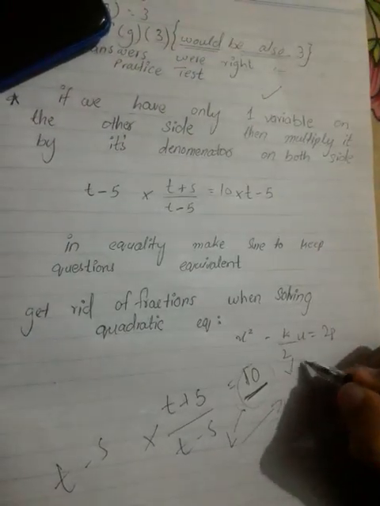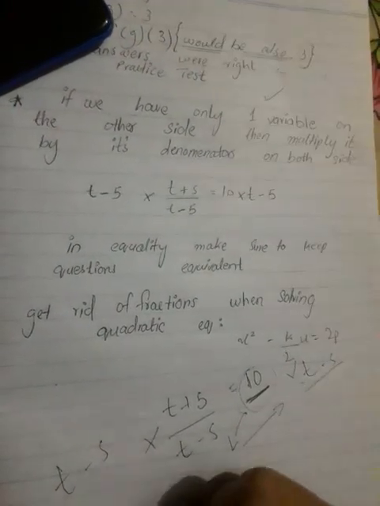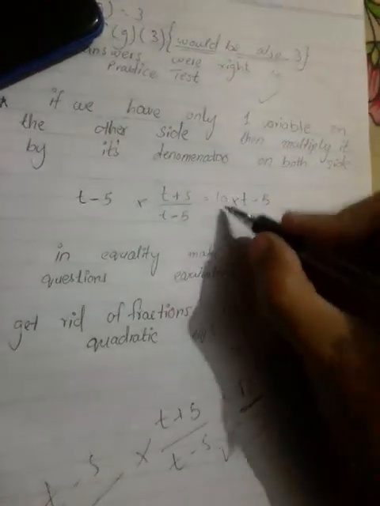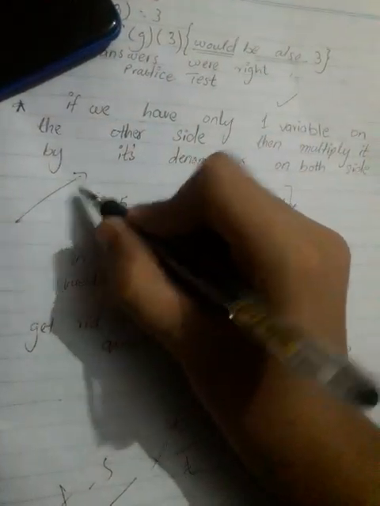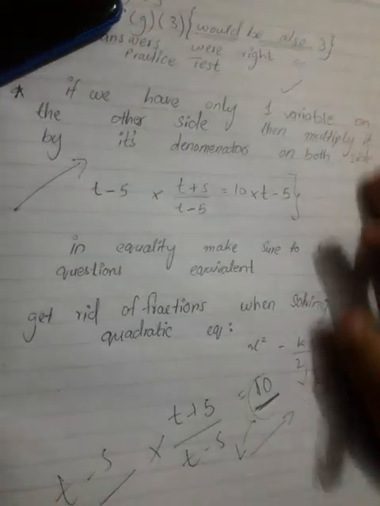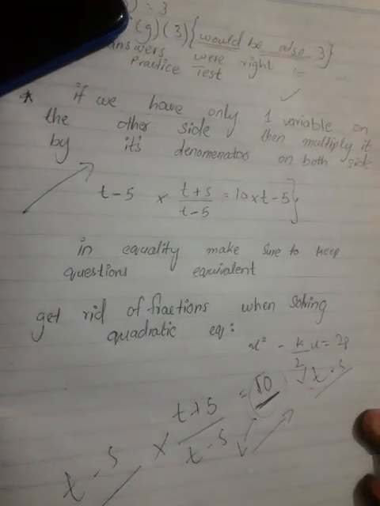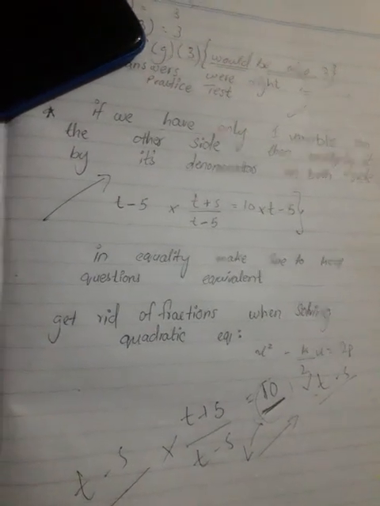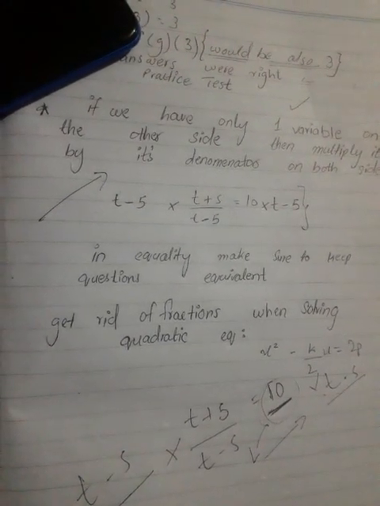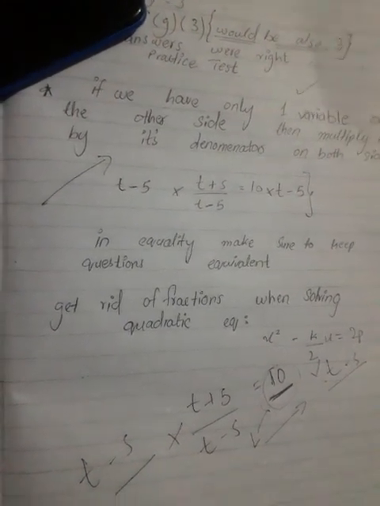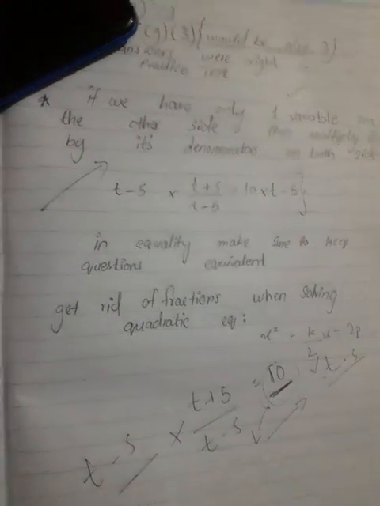Now let's multiply it on each side. That is how you will find your answer, as I've mentioned right here, and that is how the tip works. This is known as conjugating on both sides in mathematical terms. You can simply say it as multiplying it on both sides.